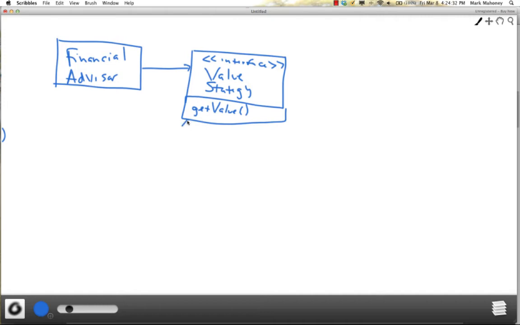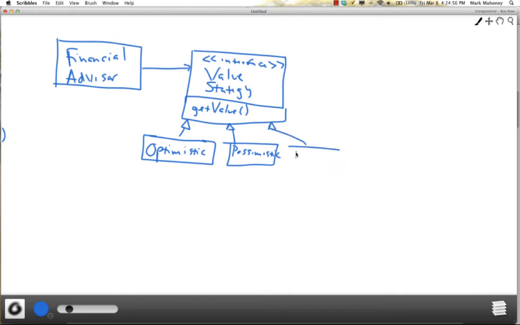And then we'll have several concrete strategies. So for example, we'll have an optimistic strategy. We'll have a pessimistic strategy. We'll have a strategy for today.